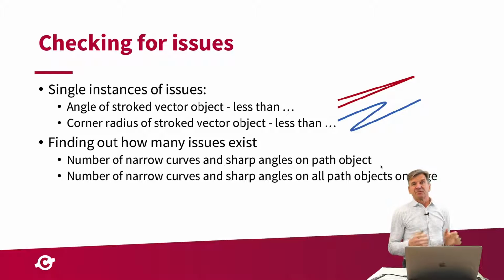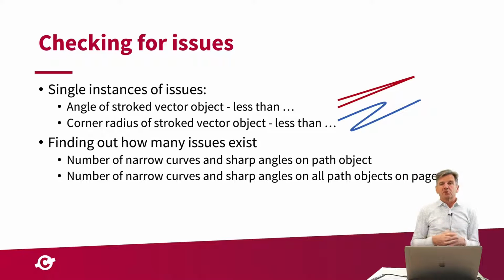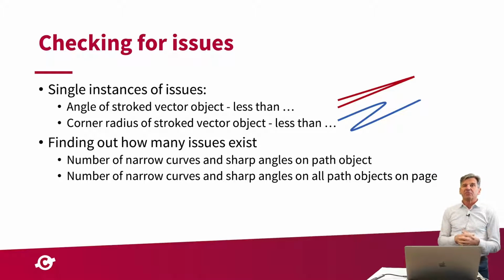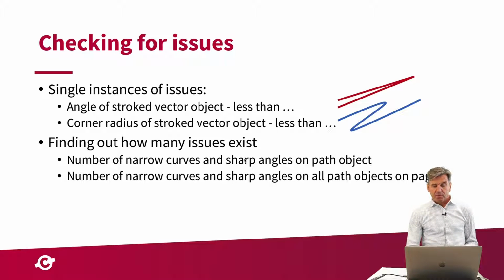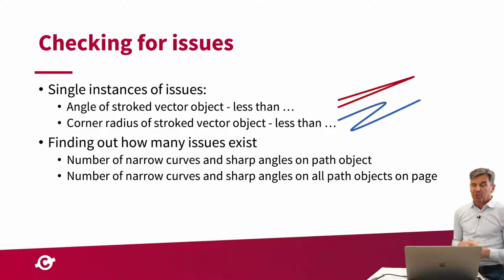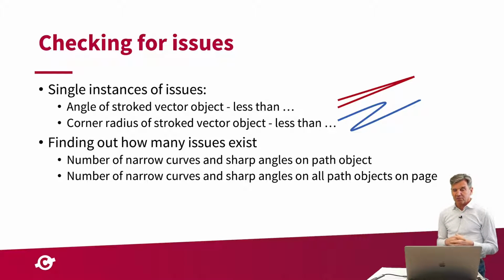Usually, from what I have heard, there's not really a fixed value where you can say I have an issue if it's below this value. It's more the number of issues that I have on a page or on a path that creates a problem. There are also what you could call summary checks, two checks that allow you to count the issues. One counts issues on a path object, and the other counts issues on all path objects on a page.